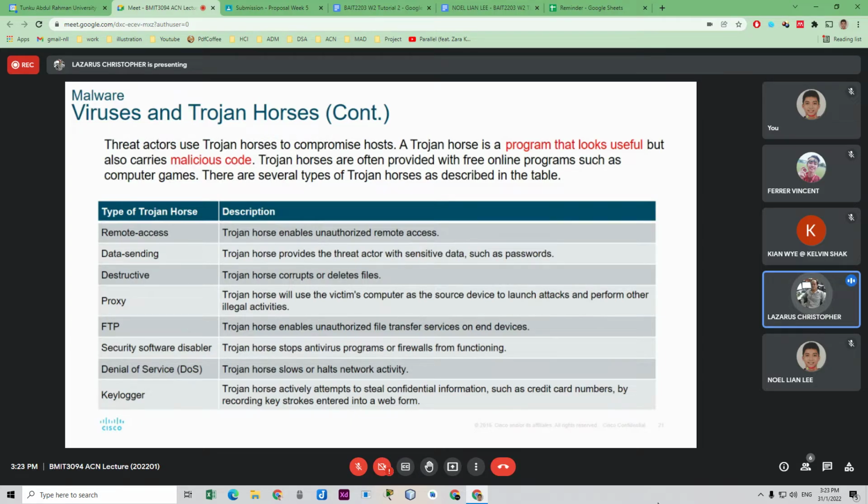Proxy here means the Trojan horse is actually using your computer as the platform to perform an attack on another computer, because the hacker does not want to be traced. If they use their own computer to hack or to perform something illegal, then very easily their computer can be traced, right?